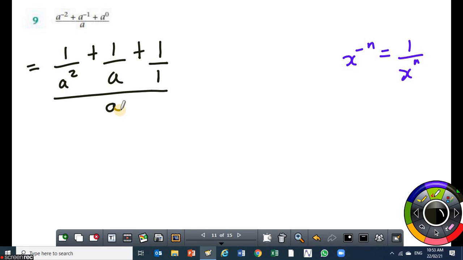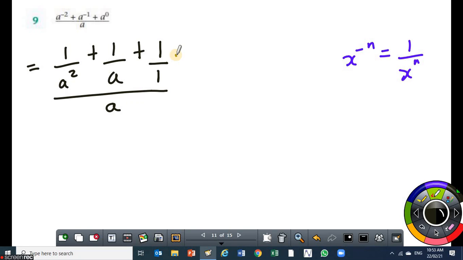Yes. So we have a sum of fractions in the numerator, and we have a denominator, which is the letter a. Why did I write 1 over 1? Because I'm dealing with fractions. These are fractions, so it doesn't make sense for me to write a whole number here. Do you understand that?